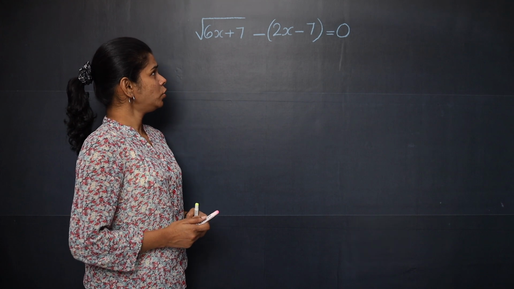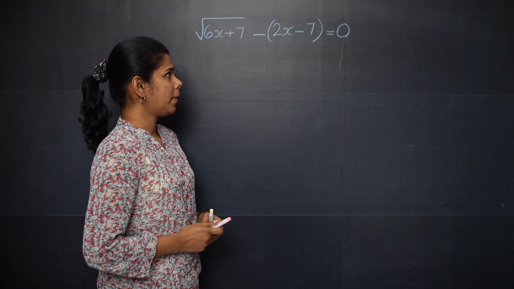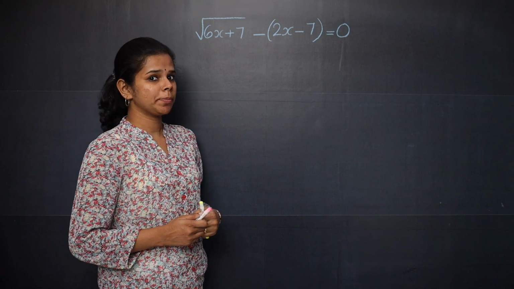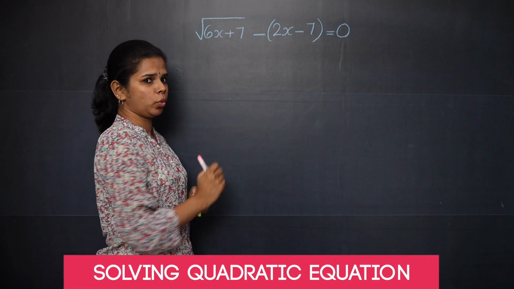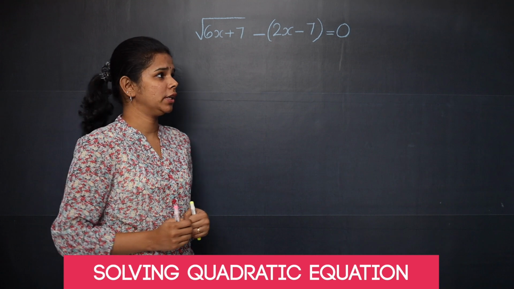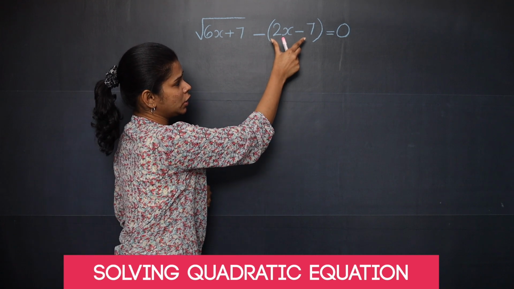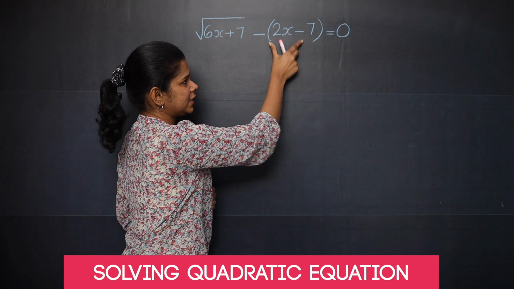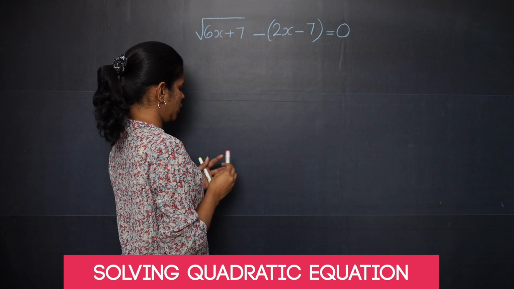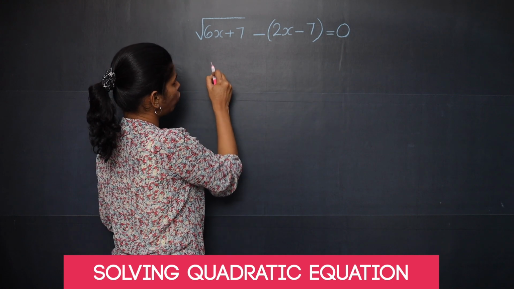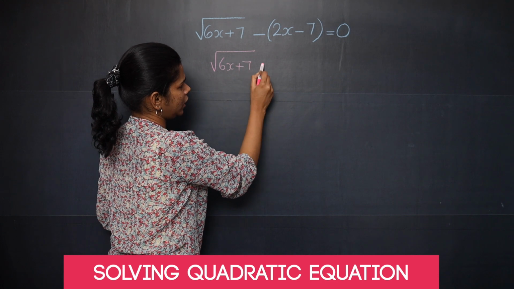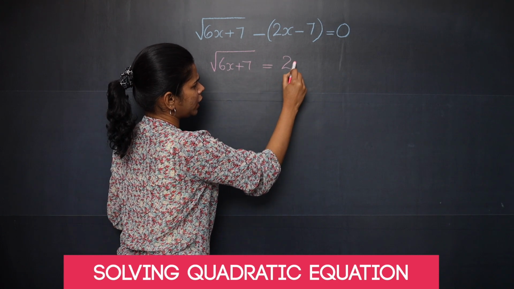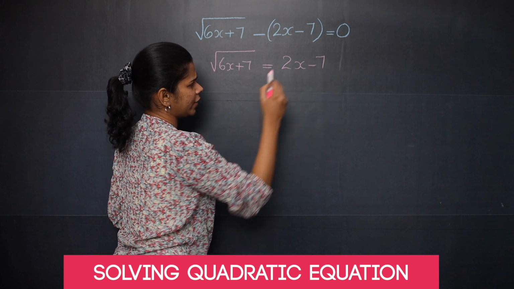Here root of 6x plus 7 minus 2x minus 7 equal to 0. So here you have a square root. So what you need to do here is you can just take minus 2x minus 7 to the other side. So it becomes root of 6x plus 7 equal to 2x minus 7.